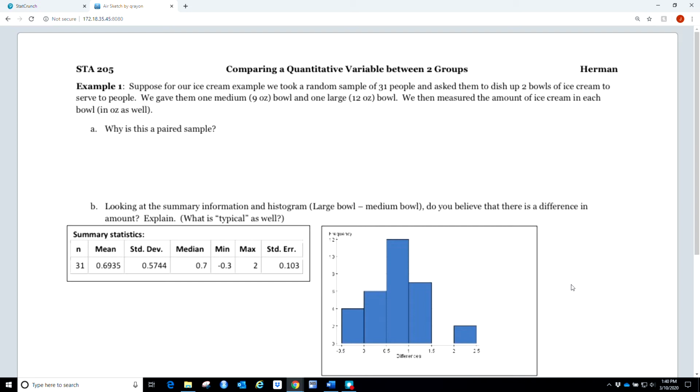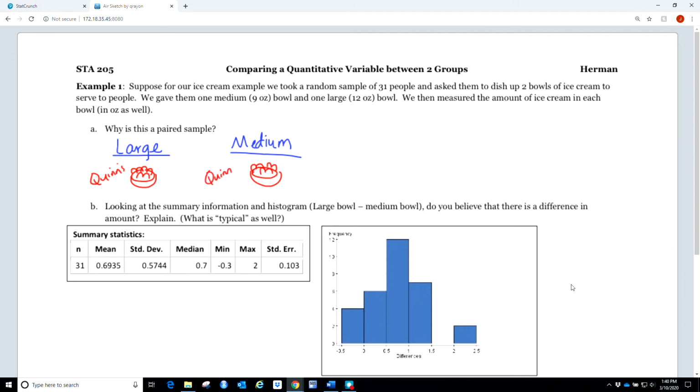So let's talk through why this example will be a paired sample. Our 2 groups that we're comparing are the large bowl to the medium bowl. So we're going to have someone dish out a bowl of ice cream, and suppose that this was Quinn's large bowl. Well, now Quinn is also going to have to dish out a medium bowl as well.